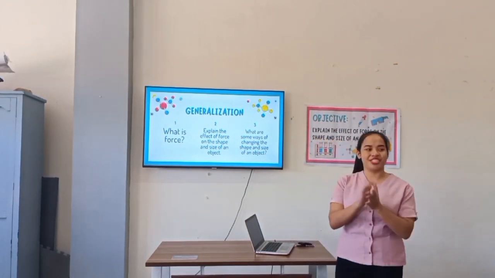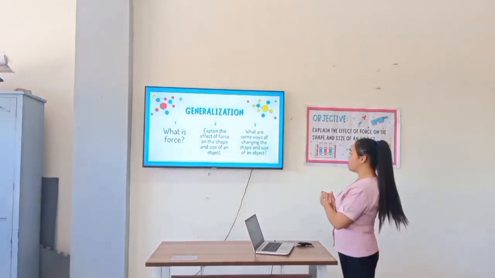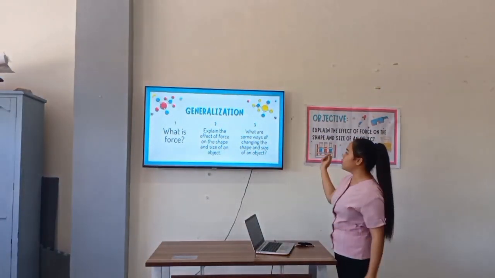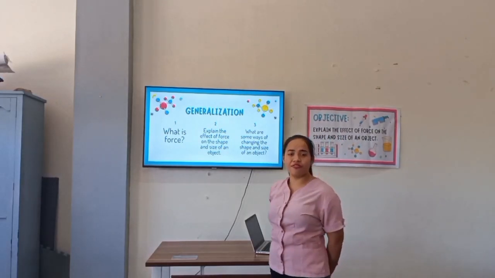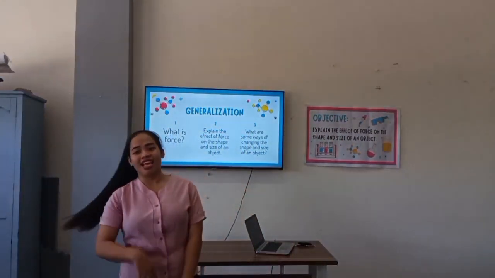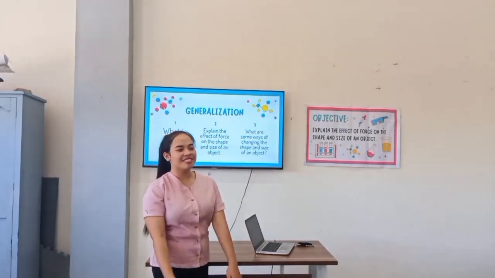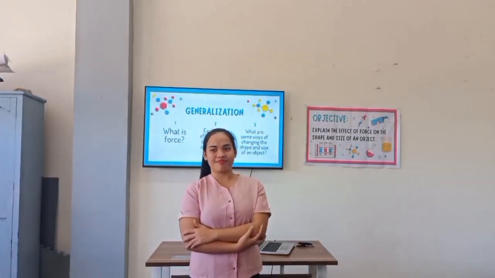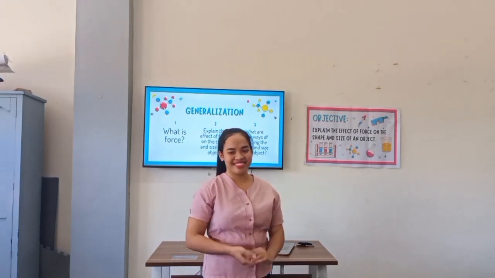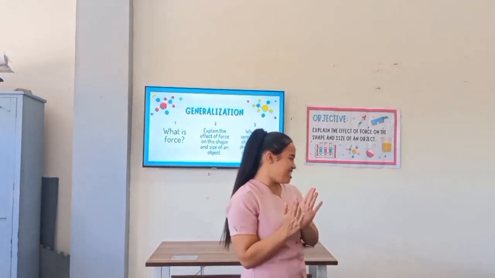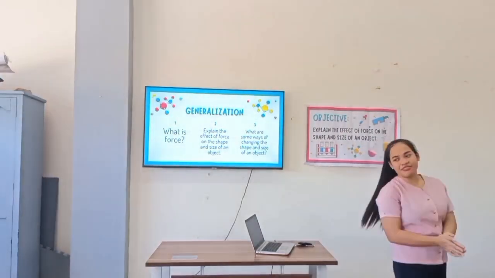Okay, very good, Rose. And now for our third question. What are some ways of changing the shape and size of an object? Any volunteer? Yes, Eliza? We can change the shape and size of an object by using force on it, teacher. Very good, Eliza. Give Eliza and Rose a round of applause.